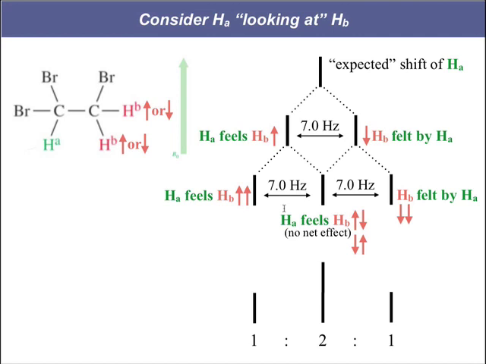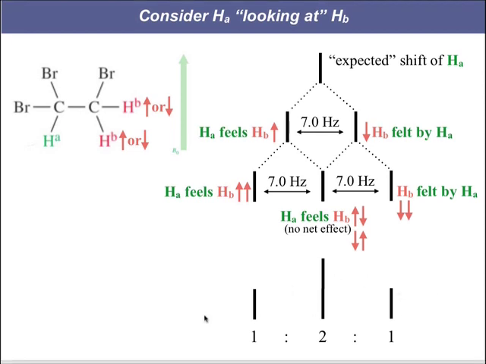That's our triplet. And notice that our ratio is there's one opportunity for up, up. There's one opportunity for down, down. There's two opportunities for up, down, and down, up, which are the same. So we don't get two equal peaks or three equal peaks. We get three peaks at a 1 to 2 to 1 ratio.